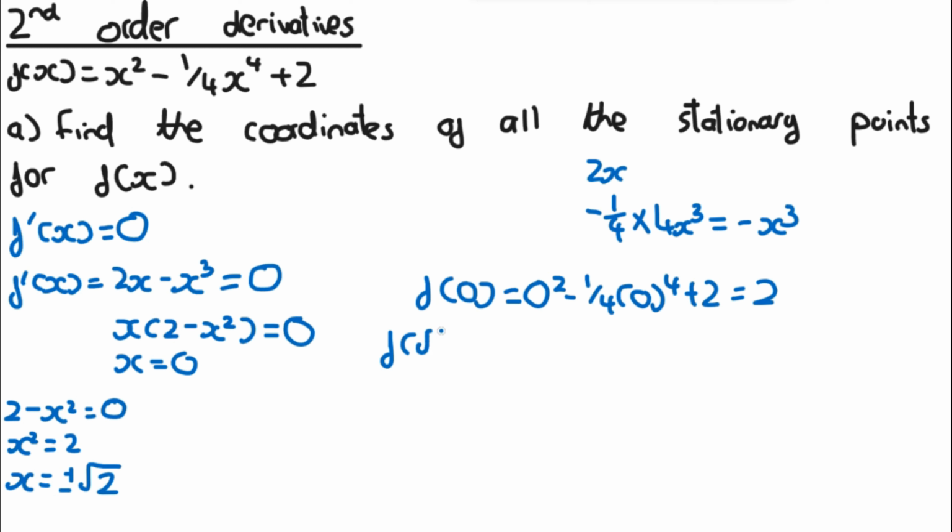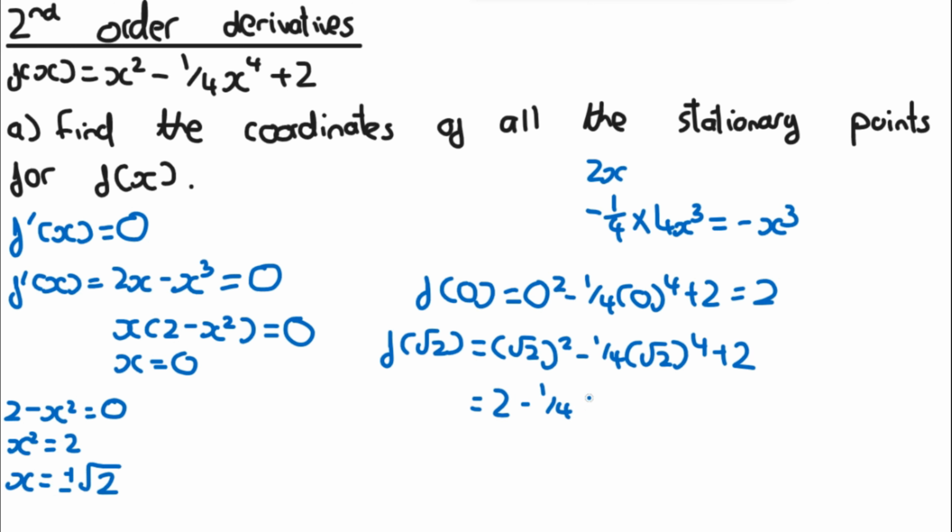F of root 2 is going to be equal to root 2 squared minus a quarter of root 2 to the power of 4 plus 2, which is going to be 2 minus a quarter, 4 plus 2, which is going to be equal to 2 minus 1 plus 2, which is going to be equal to 3.